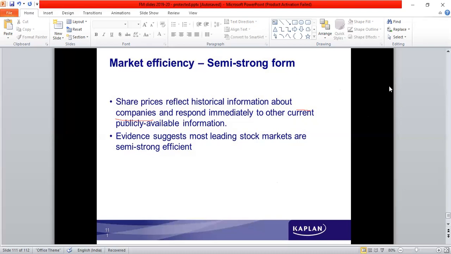Since the current updated information is not available, they are depending on the past data, but until some information is publicly announced and available for them, they have to wait and then take decisions based on that. So since it is not currently updated information which is available, we can look at this as a semi-strong form of market.